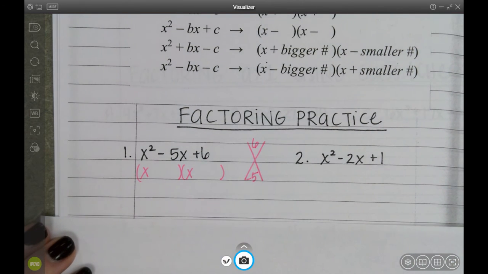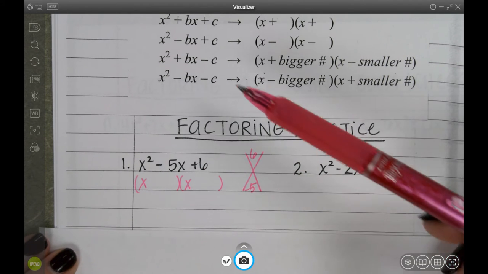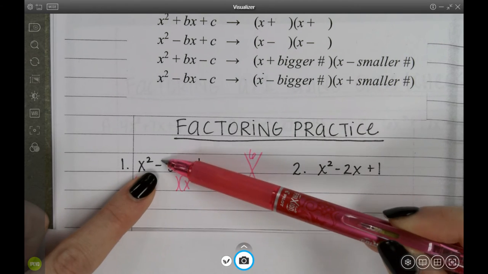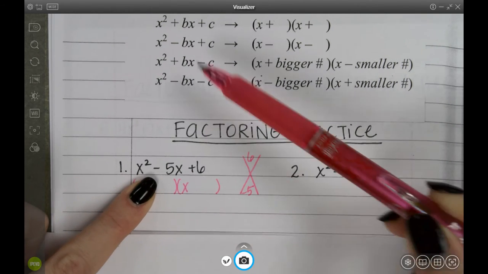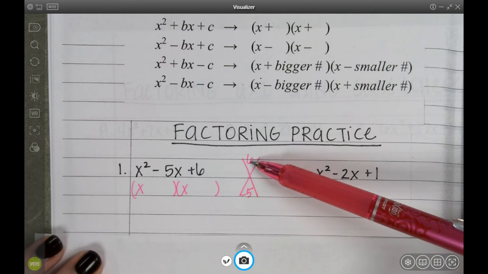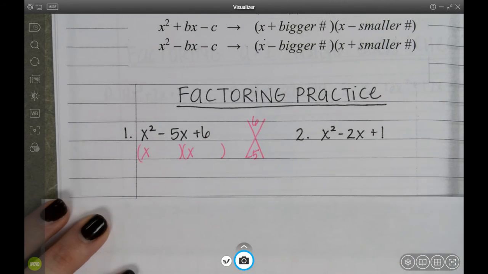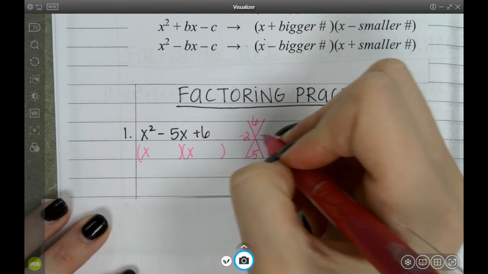So, if you're like, there's a negative, what the heck? You can look right up here. If there's a negative first and then a positive, that means you're going to have 2 negative factors, right? So the 2 numbers that multiply to give you positive 6 but add to give you negative 5 were, as someone told me, negative 2 and negative 3.